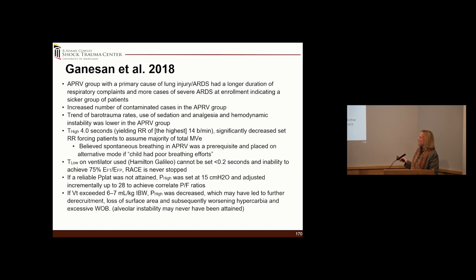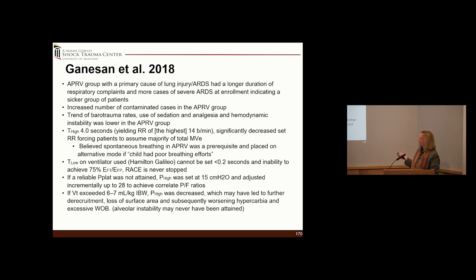The T high, now, this was set to 4 seconds in a pediatric population. That means that because of the ventilator they used and the lowest T low that they could obtain, we did the math, and the highest rate was 14 breaths per minute. That's going to have a lot of CO2 issues with a smaller patient.